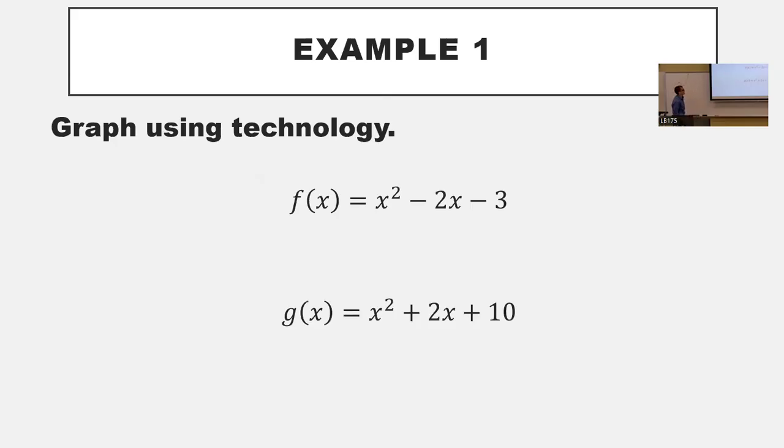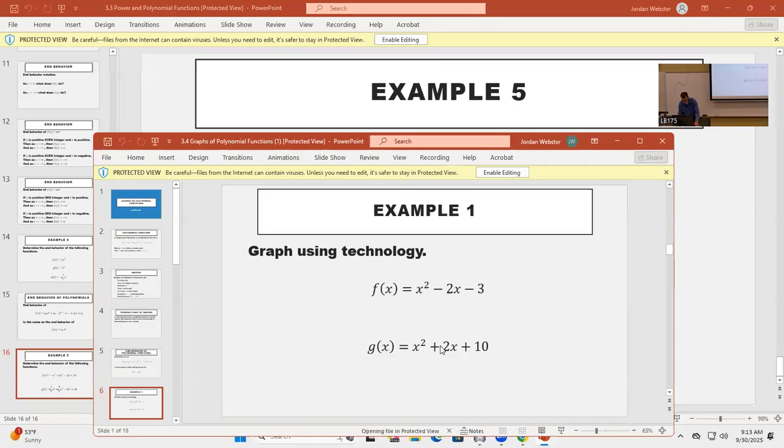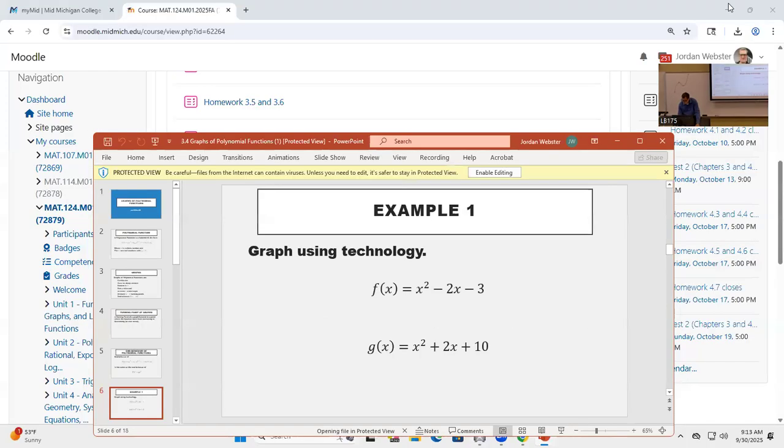Let's do a couple of examples where we just graph using technology and look at the graphs of these functions. So we'll take x squared minus 2x minus 3 and x squared plus 2x plus 10. I'll do this on Desmos.